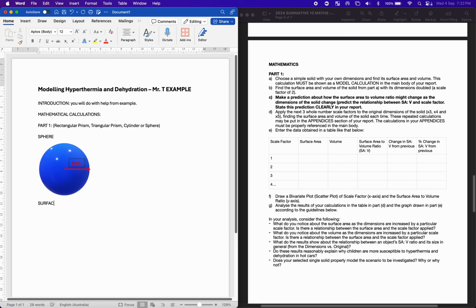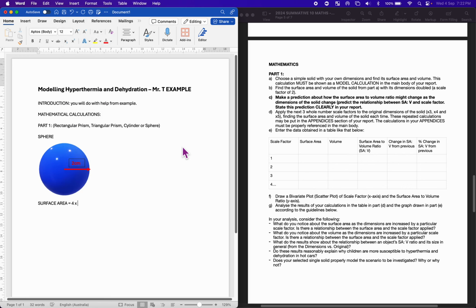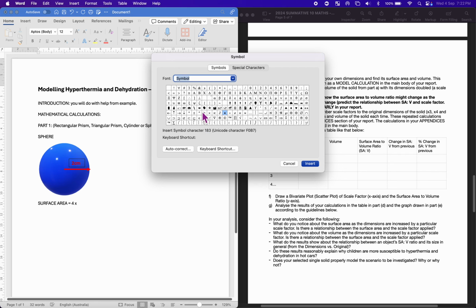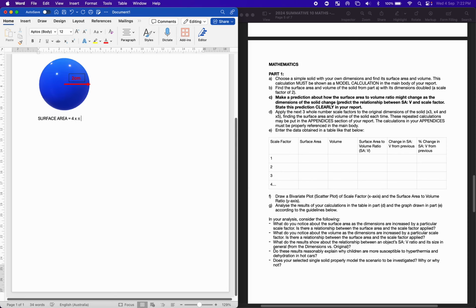There we go. Surface area equals 4 times pi, insert symbols. Where's pi? 4 times pi times radius squared.